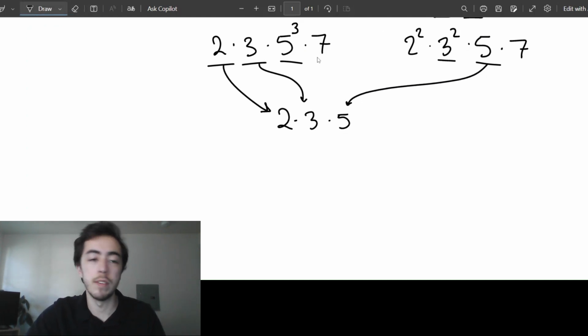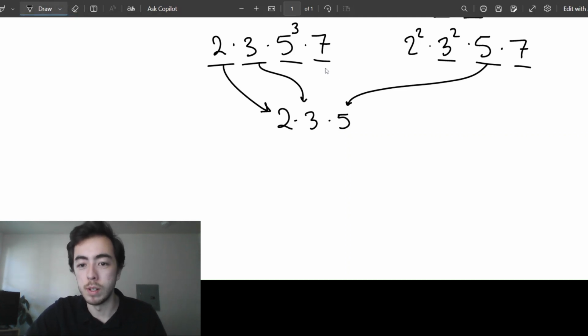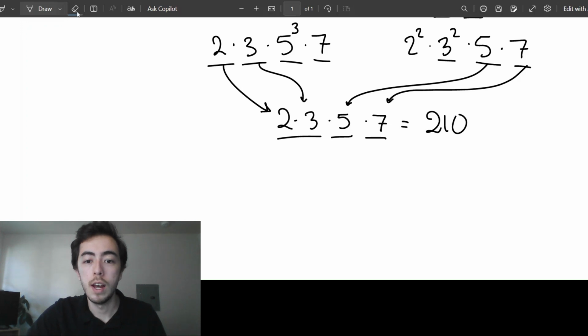And they happen to have the same number of 7s, just one, so I'll pull one 7. So the greatest common factor between these two numbers is essentially the primes between 2 and 7 all multiplied together. That's 6, that's 30, and then this would be 210. However, the answer today isn't 210.